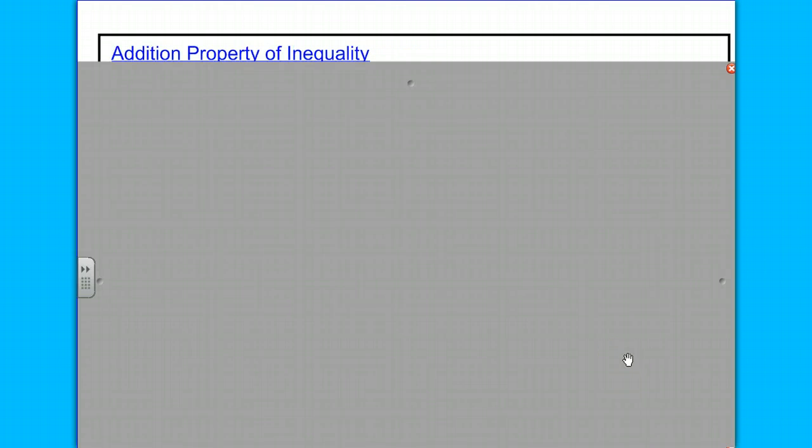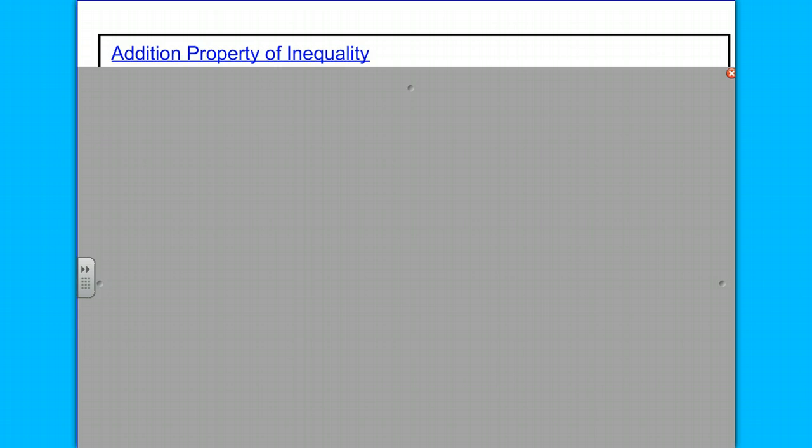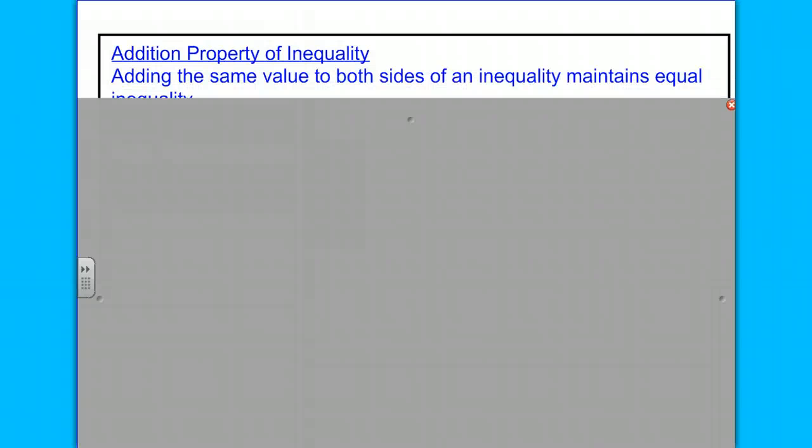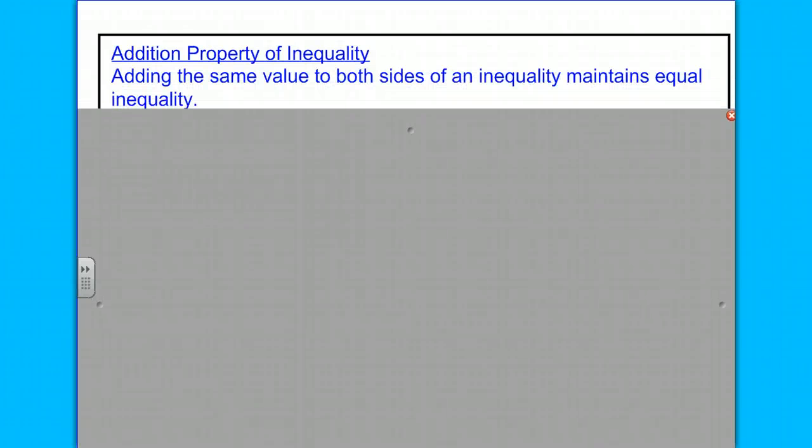Okay, so let's jot down what we need to remember when using the addition property of inequality. What do we see in the statement? A negative. We see, good, subtraction. When we see subtraction, we use addition, right? And so we will add the same value to both sides of the inequality.